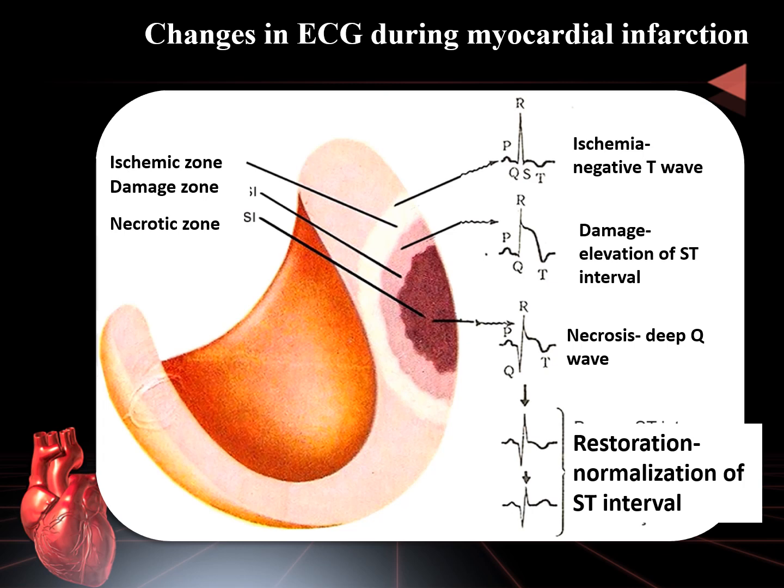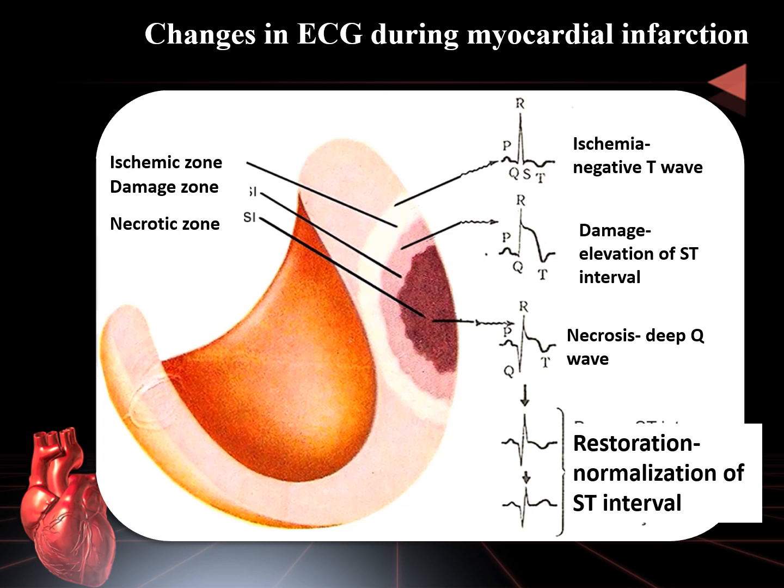The ECG changes in myocardial infarction depend on the localization of the lesion and necrotic processes, the depth of the damaged area, the stage of development of the disease, and other factors. The main ECG marker of myocardial ischemia is a negative T wave. Myocardial lesion is marked by elevation of the ST segment.